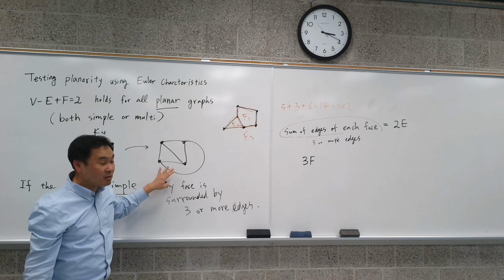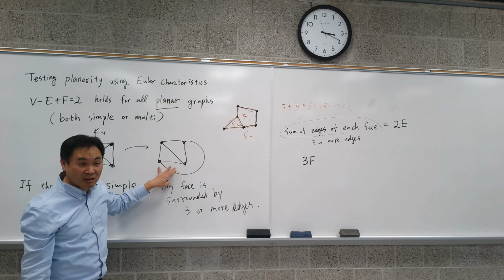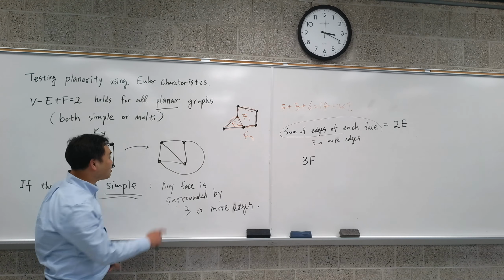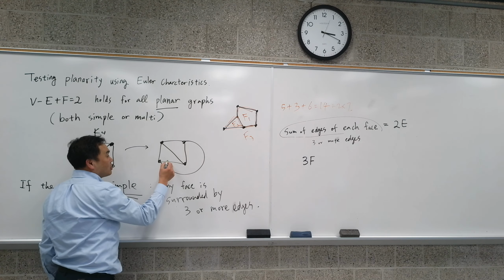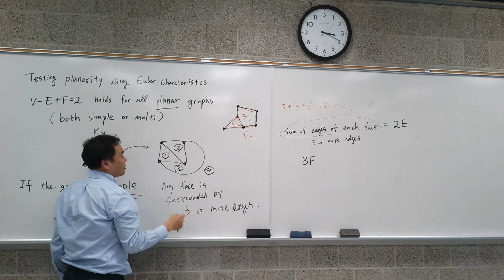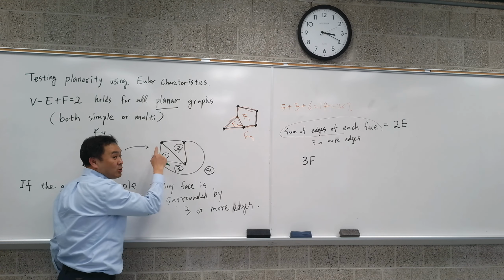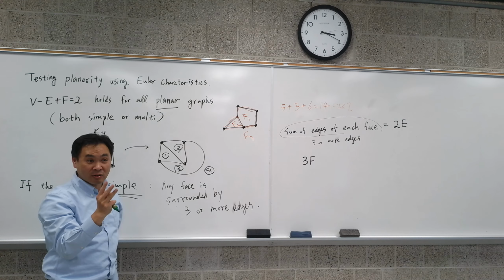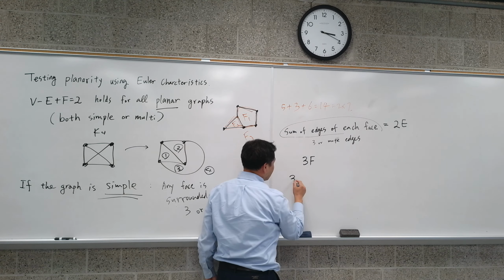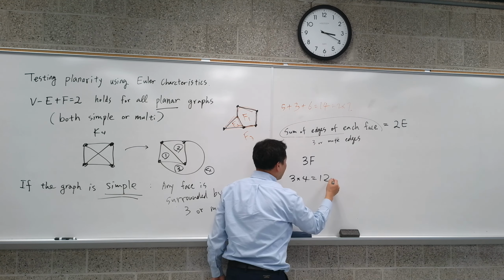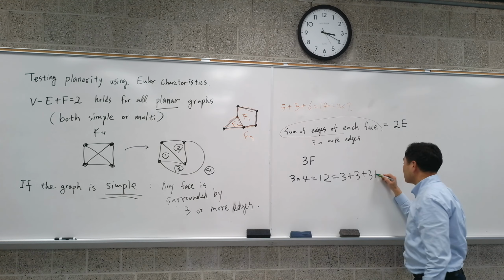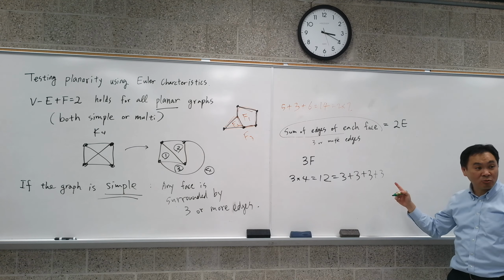In this case, if you count the number of edges, it's exactly the same as 3 times f. Let's do that over here. So here's like 1, 2, 3, 4 faces, right? And each one of these we counted that it has exactly 3 edges, right? So if I count 3 times 4, that's exactly 12, which is equal to adding up all the 3's 4 times, because every face has exactly 3 edges, right?